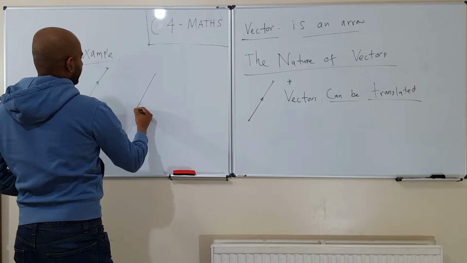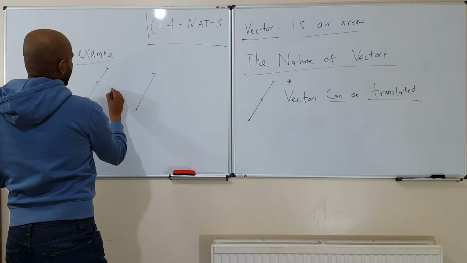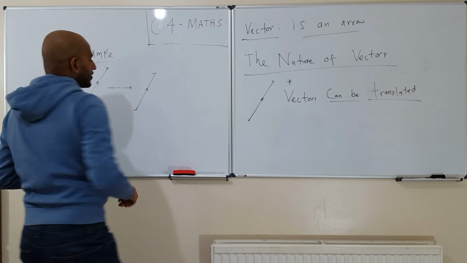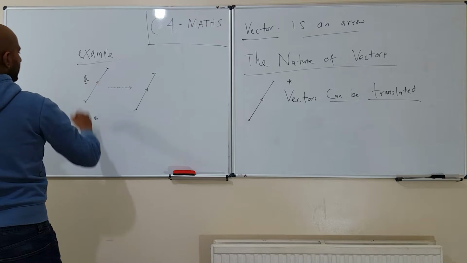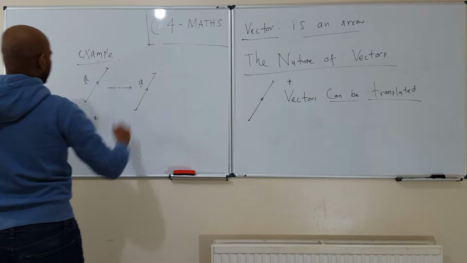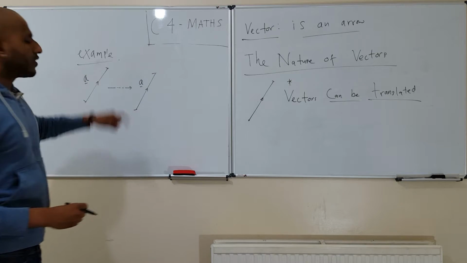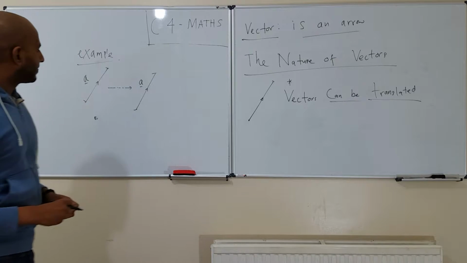See? Now that's been translated there. That's also a vector. Let's say this is vector A. That's also vector A, exactly the same. There's no harm done. A vector being translated.